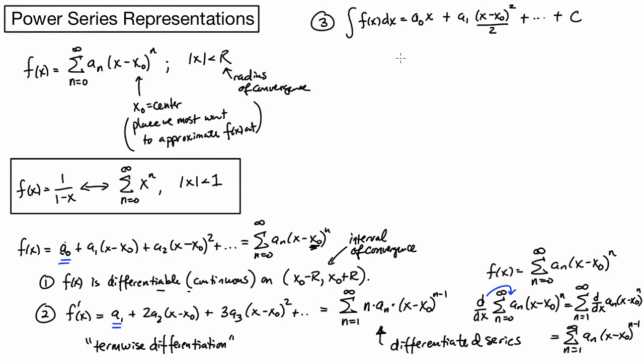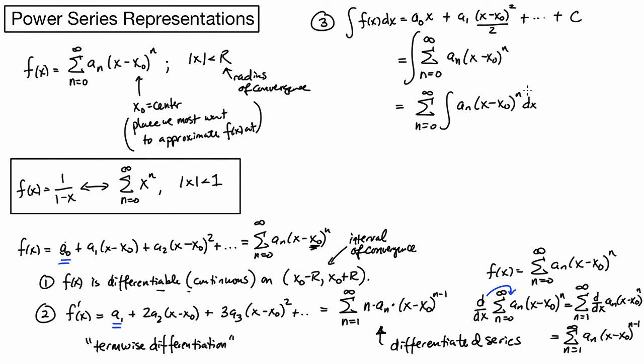But the point is, you can write this as the series going from n equals 0 to infinity of an (x minus x naught) to the n. And what this says is I can move the integral inside the sum and integrate term-wise. The integral here is with respect to x.